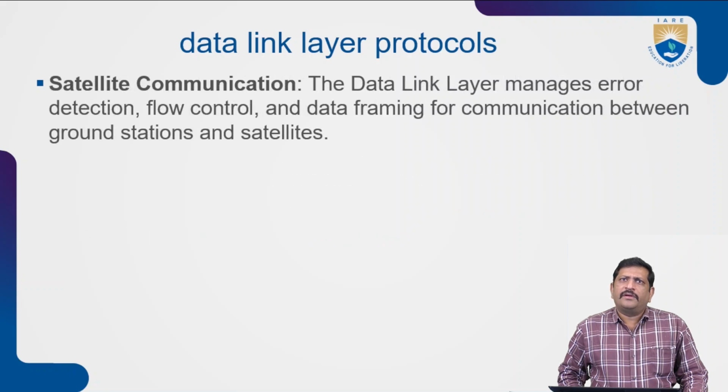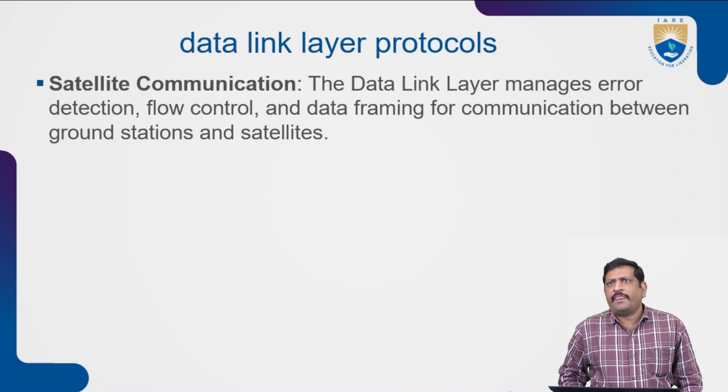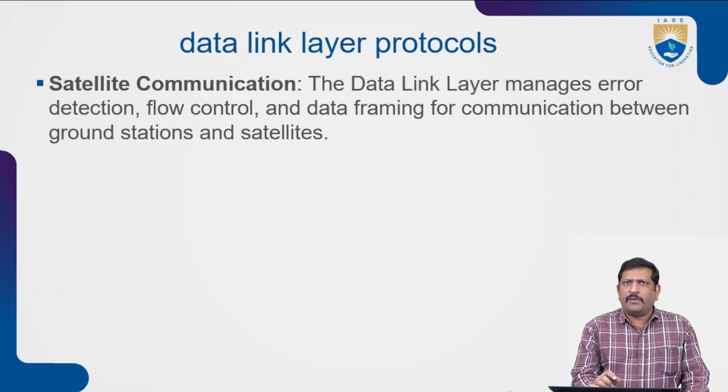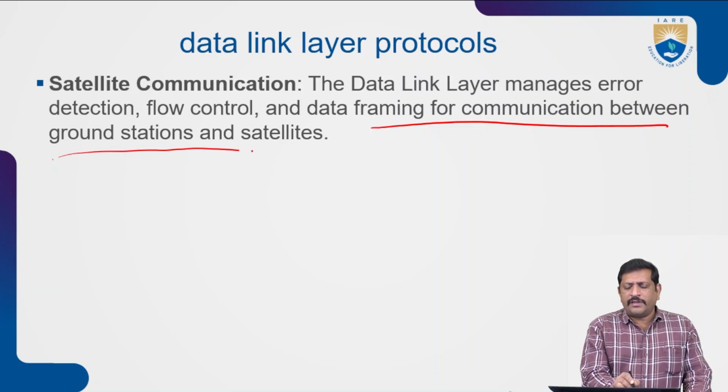Satellite communication is also an application. Here the data link layer manages errors, detecting errors, correcting errors, and flow control. In satellites, data framing is used for communication between the ground stations and satellites.